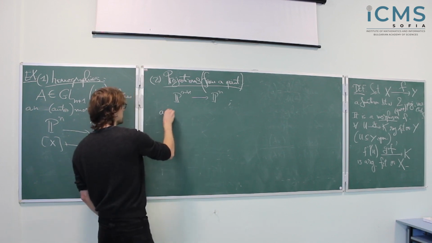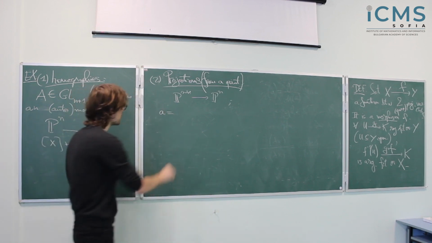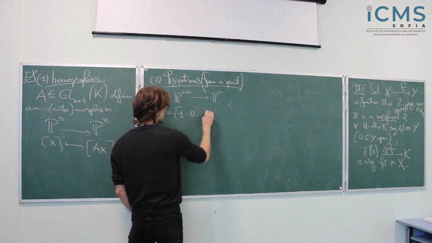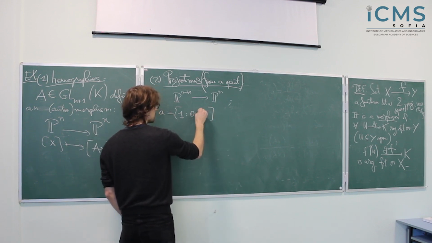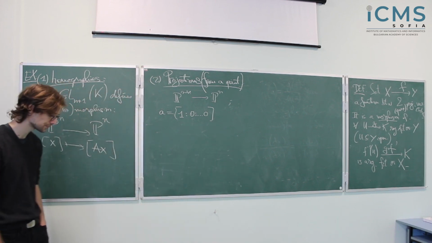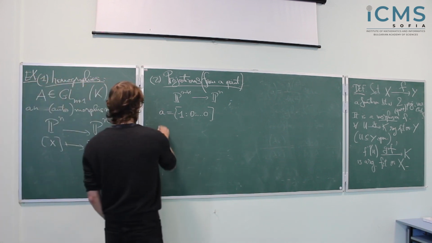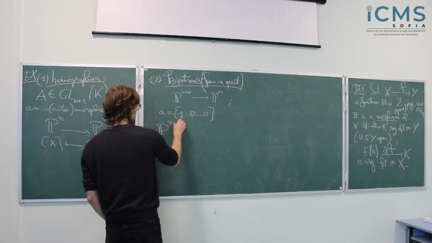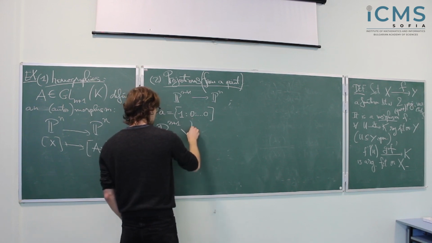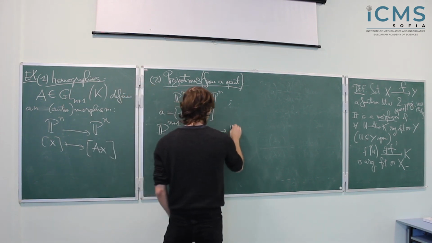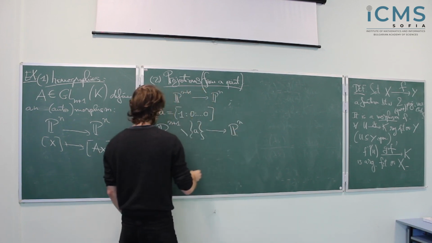Okay, so we set the point A with homogeneous coordinates 1, 0, 0, all the way. And in fact, you can define a projection outside of the point A to P of n in the following way.